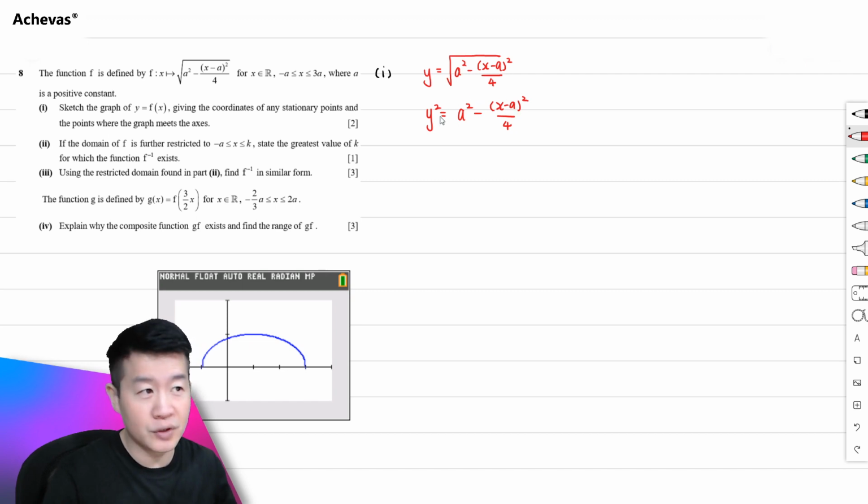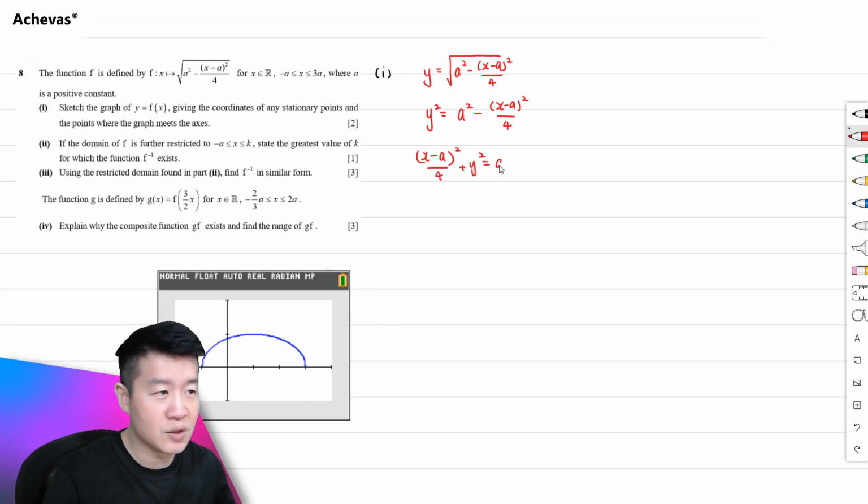Bringing this over to the left hand side, we have (x minus a) squared divided by 4 plus y squared equal to a squared, and dividing by a squared throughout, we have (x minus a) squared divided by 4a squared, which I can rewrite as (2a) squared, plus y squared divided by a squared, equal to 1.